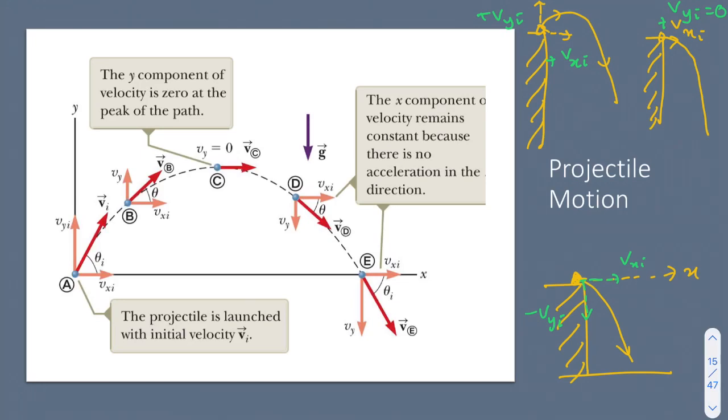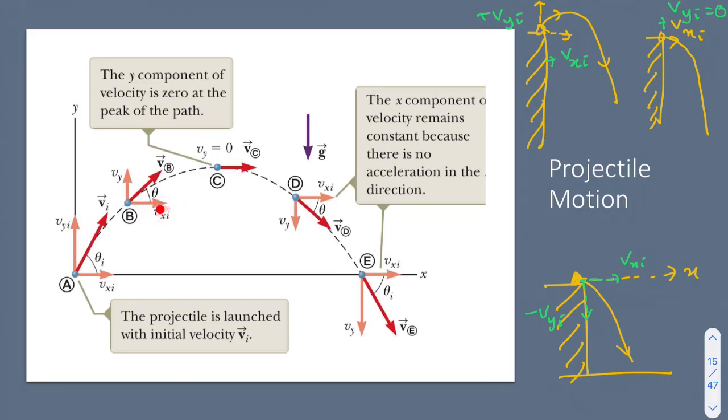At this initial instant, it has Vx initial, it has Vy initial. This V initial is the solid vector at a certain angle at the starting point or origin. And at any position, it still has both Vy and Vx initial.